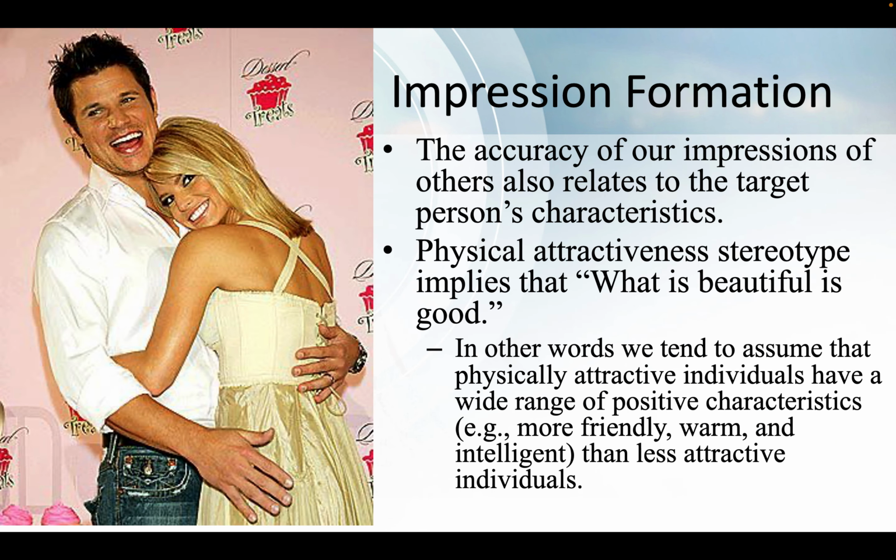The accuracy of our impressions of others also relates to the target person's characteristics. Physical attractiveness stereotype implies that what is beautiful is good. In other words, we tend to assume that physically attractive individuals have a wide range of positive characteristics, such as they're more friendly, they're warmer, they're more intelligent, than less attractive people.